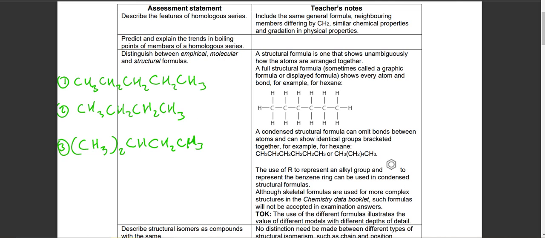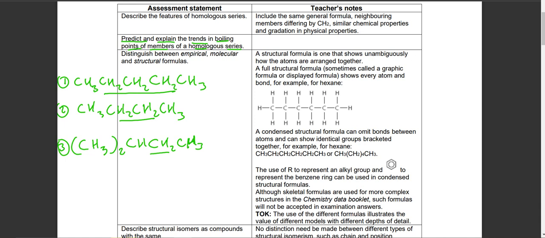So you have to be able to predict and explain the trend in boiling point of members of a homologous series. As you can see in here, the difference is only the CH3: this one has 3 CH3, this is 2 CH3, and this is probably 1 CH3.